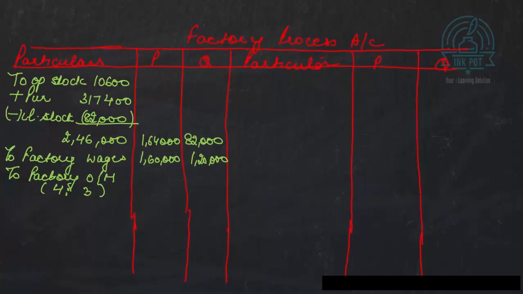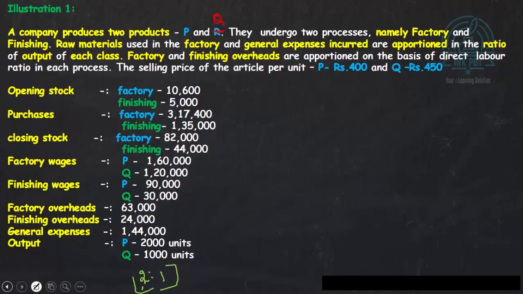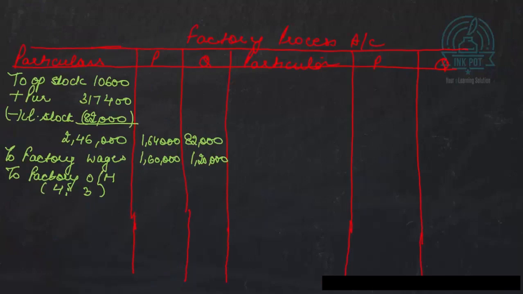What is the amount? Let me check. So the amount of factory overhead is 63,000. So we are going to divide this 63,000 in the ratio of 4:3. So when you will divide, you will get 36,000 and 27,000. Right?